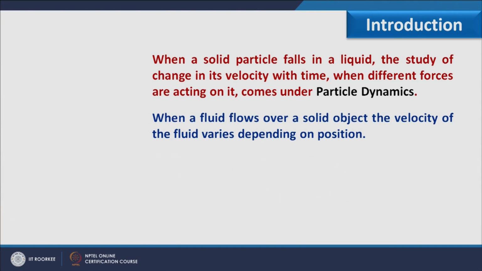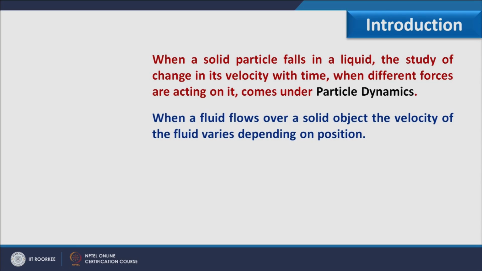When a fluid flows over a solid object, the velocity of the fluid varies depending on the position. So, we can say that the velocity over the particle is not uniform. It will depend on from what side the fluid is coming and what are the different sections, different surfaces which are in direct contact or not in direct contact with the fluid.